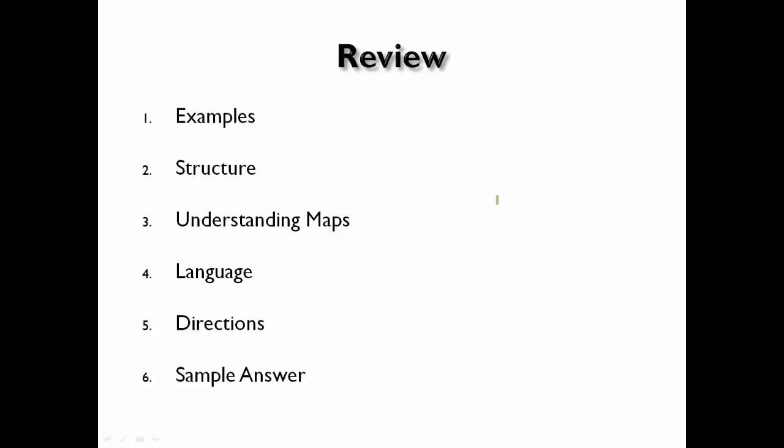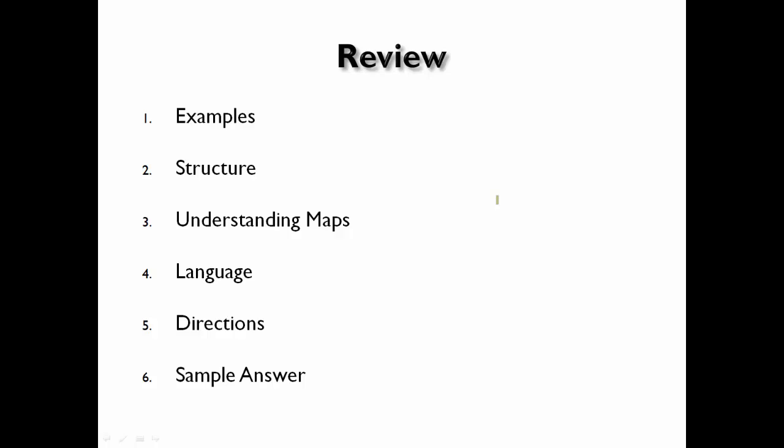So introduction, new paragraph, overview, new paragraph, describe half of the map in one details paragraph, describe the other half of the map in another details paragraph. Then we looked at the type of things we need to look at, so things like rural to residential, or industrial to residential, or industrial to commercial, becoming more rural or becoming more urban. These are the general things that you should look out for.